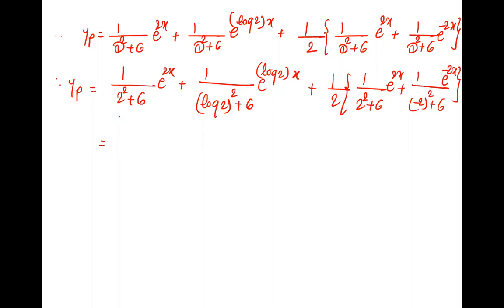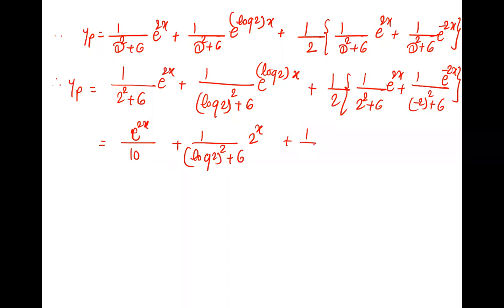Okay, what is this term? 1 upon 4 plus 6, that is 10, into e raised to 2x. Correct. This term as it is, no need to simplify further. Write as it is: (log 2) square plus 6, e raised to (log 2)x, which we can write again if you want as 2 raised to x. Right.